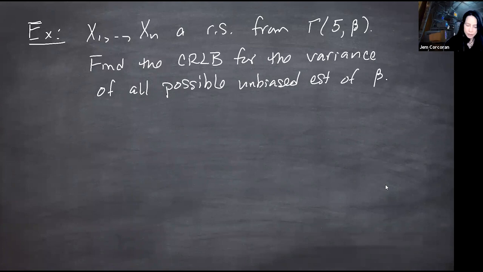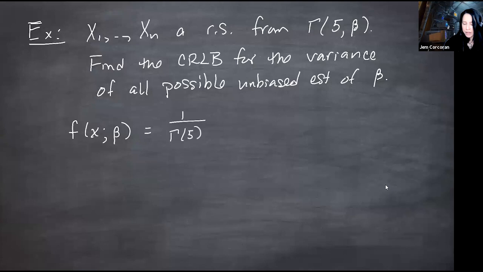Right, so the PDF. This is just the one-dimensional PDF. This is 1 over gamma of alpha, beta to the alpha, x to the alpha minus 1, e to the minus beta x, and an indicator, which we're just going to drop anyway.